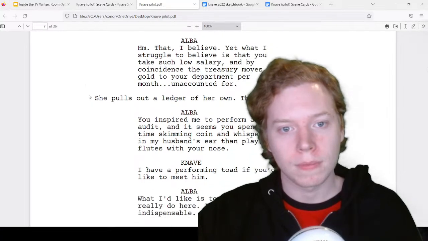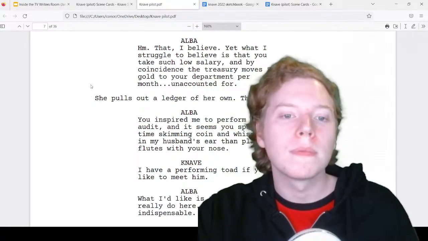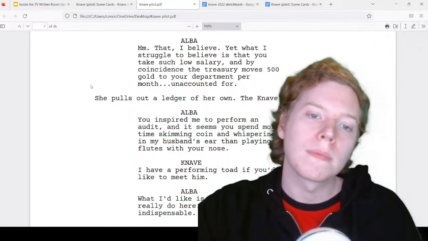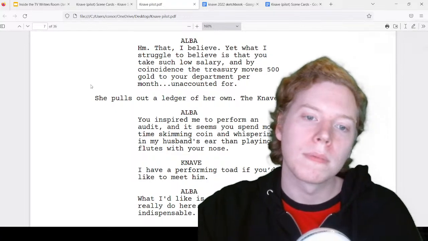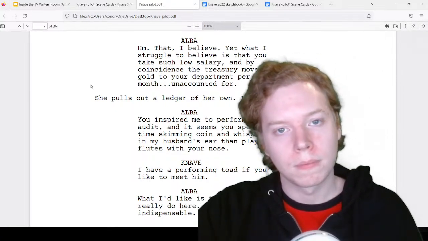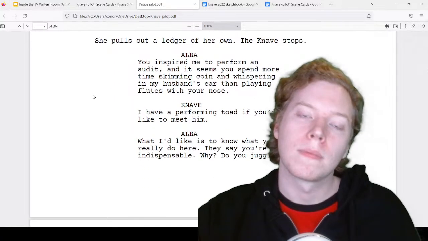That I believe. Yet, what I struggle to believe is that you take such low salary, and by coincidence, the treasury moves 500 gold to your department per month, unaccounted for.